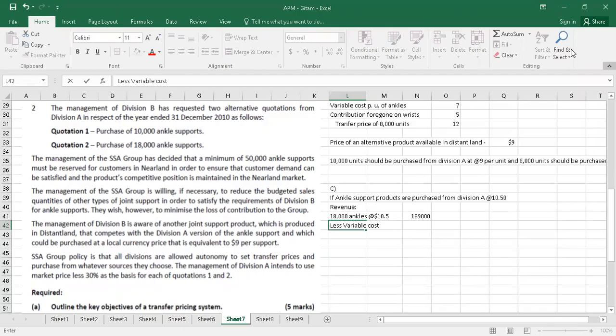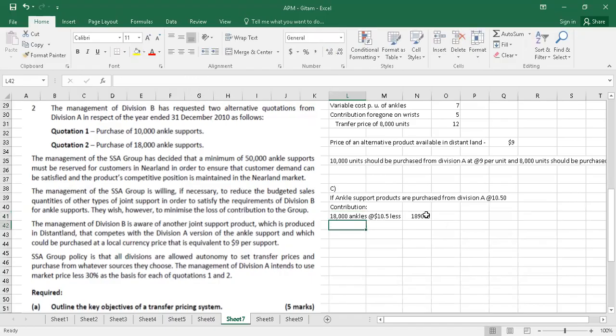Or else we'll make it that, instead of revenue, let's make it contribution. So here, if 18,000 ankles are made at 10.5, less variable cost.